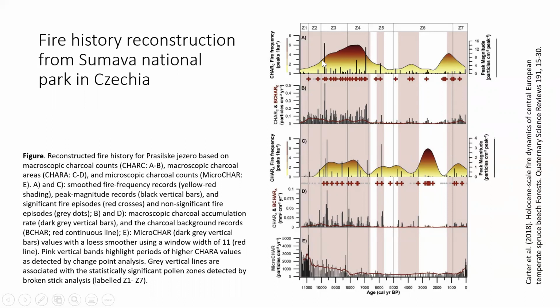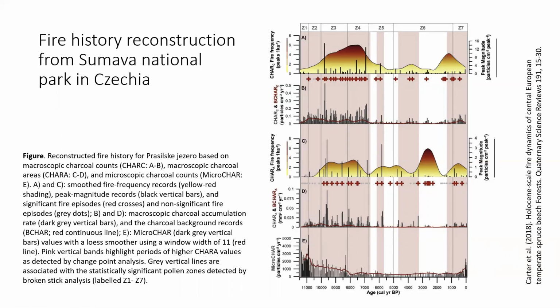So basically here you can see that this is peaks per 1,000 years, and this indicates that here there have been 6 fires within 1,000 years, so the fire frequency has been 6 fires per 1,000 years, and higher than, for example, here. And again, here there is a higher fire frequency.